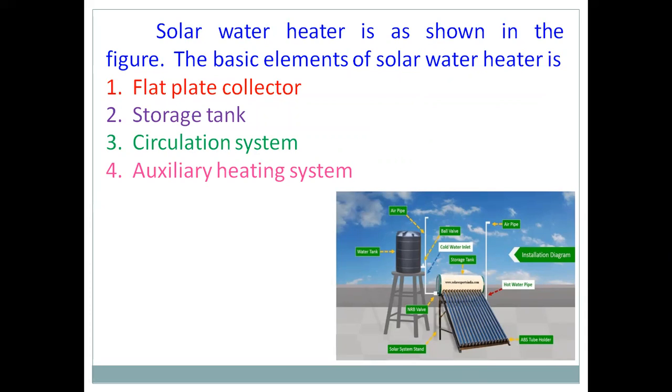In such cases, the auxiliary heating system is used. By using an electrical heater, we can supplement this water. That is called the auxiliary heating system. And the fifth one is the control system. That is, it controls all these operations.